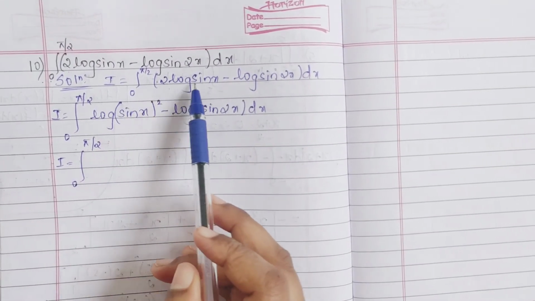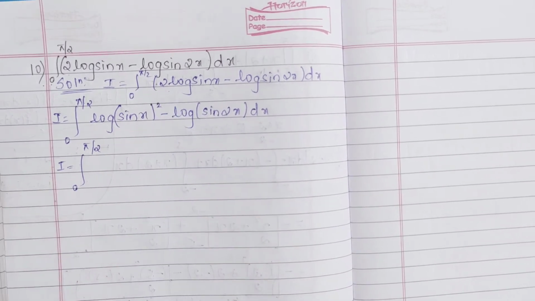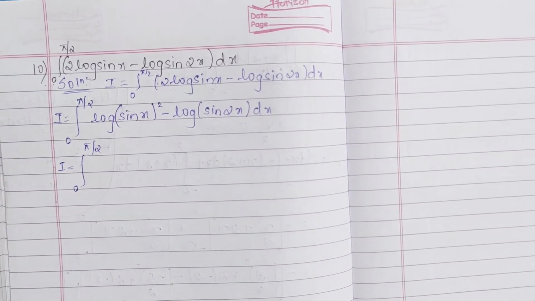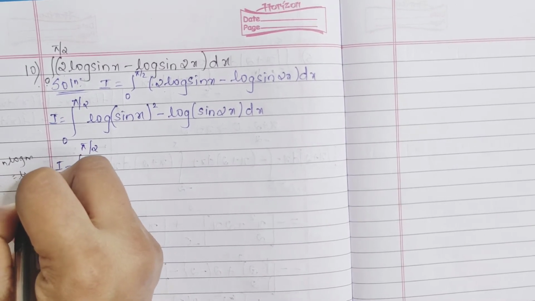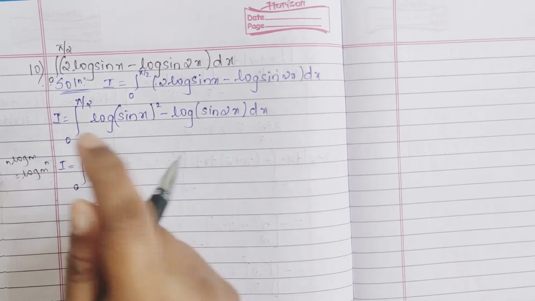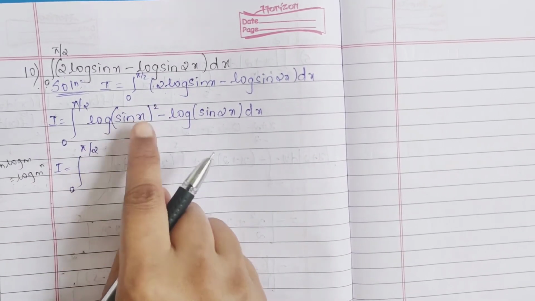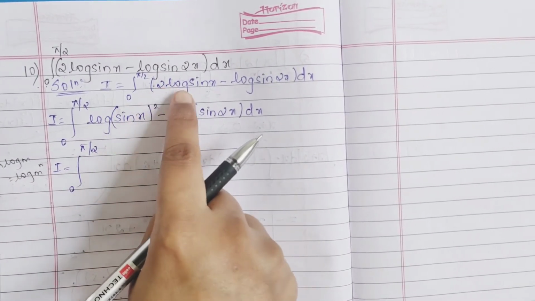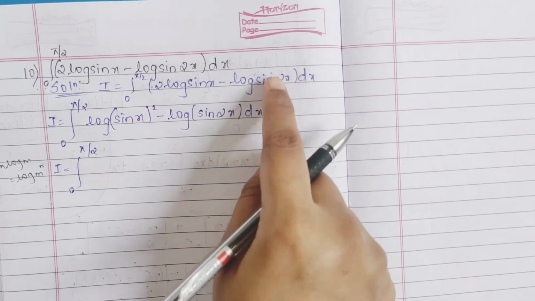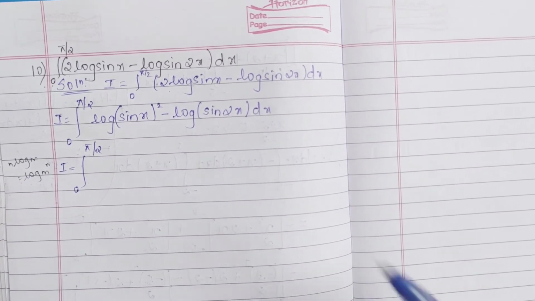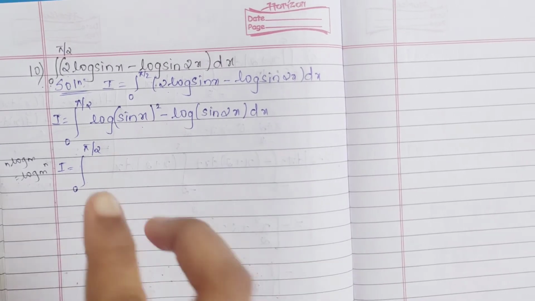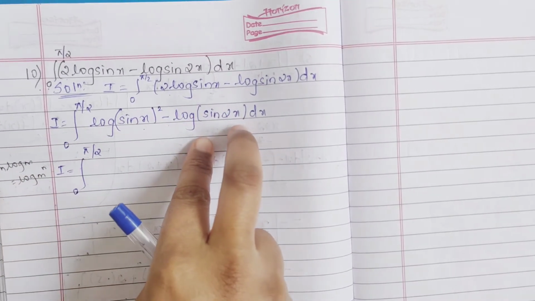So 2 log sin x is of the form n log m, right. How is n log m given? n log m is given as log m raised to n, right. So the same, log m raised to n. See it is 2 log sin x, so log of sin x whole square minus log sin 2x. Now next you are getting log sin x square minus log sin 2x, which is log m minus log n.